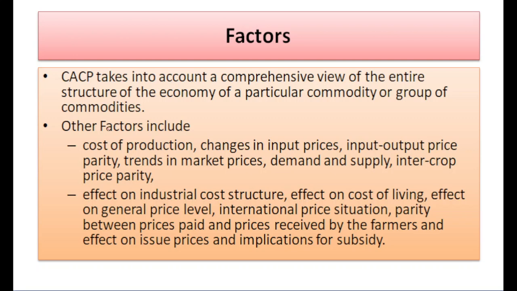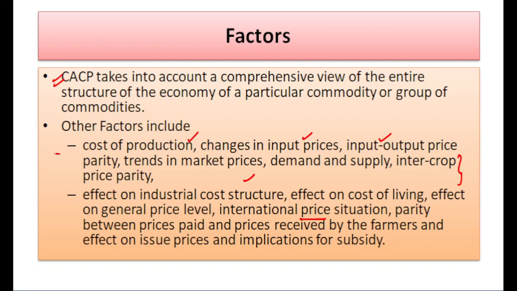And there was also a question in the prelims in the previous year regarding what are the factors that are considered while determining the MSP by the government. So the CACP takes into account various factors while determining the minimum support price, that is majorly the cost of production, what are all the changes in the input prices and the difference between input and output prices, what are the trends in the market, demand and supply, and price differences between various crops, which is known as intercrop parity, and the effect on the cost of living, effect on the general price level, even the international price situation is considered.